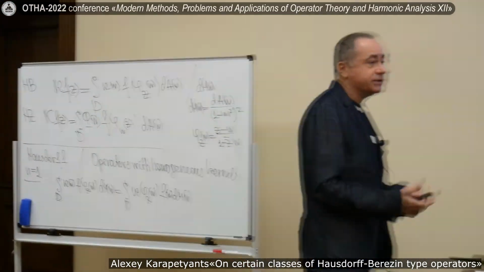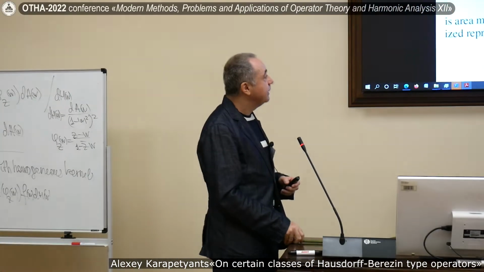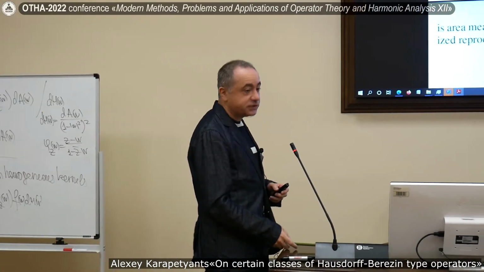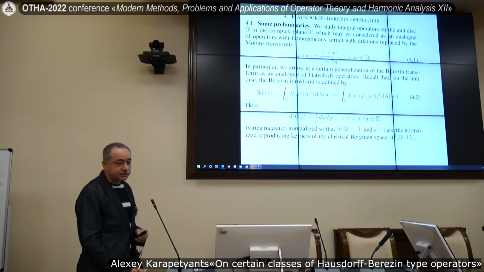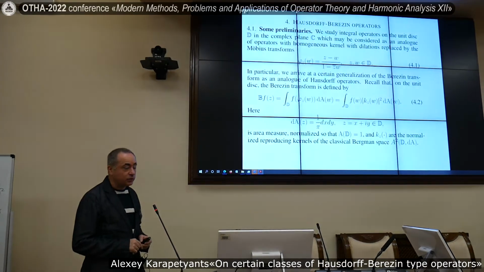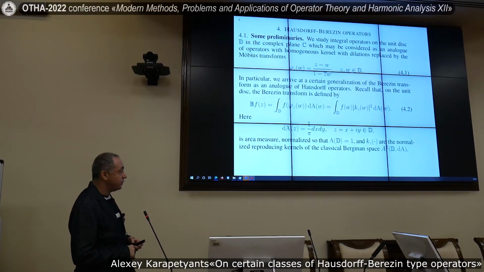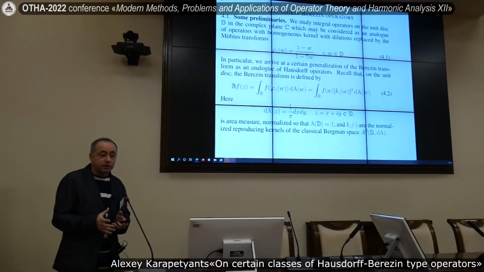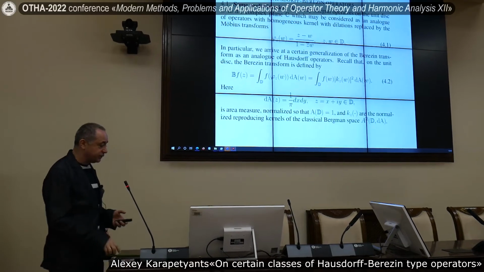Why Bergman? Because the first and most important example in this class is the very famous Bergman transform, known in complex analysis, which plays the same role as the Poisson kernel plays in real analysis. So the Bergman transform is an example of a Hausdorff-Bergman operator. That's why the word Bergman comes into our definition, because it is just a generalization of the Bergman transform.